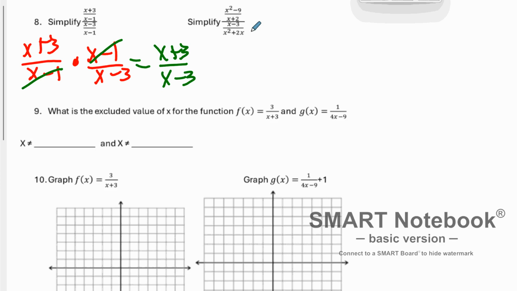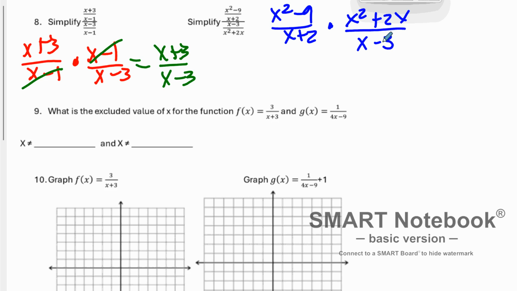Same thing with this. I can flip that bottom one, so x squared minus 9 over x plus 2 times x squared plus 2x over x minus 3. So here we need to factor first before we cancel. I want to factor the top here. It's a difference of two squares, so x minus 3, x plus 3.